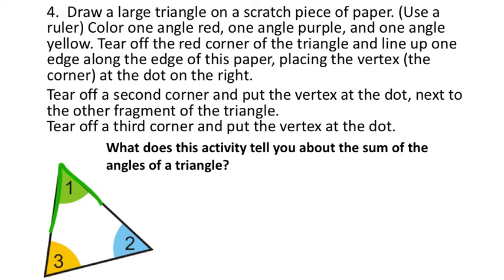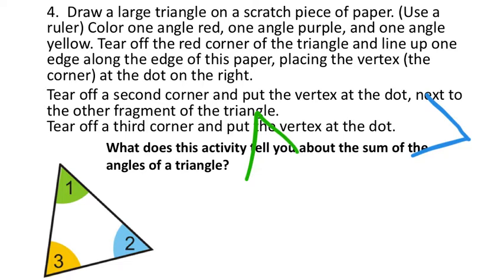So there's angle 1, right? I can take angle 1 and set it aside right here. Then let's go to angle 2. I'm going to copy this one so that I can move it as well. There's angle 2.